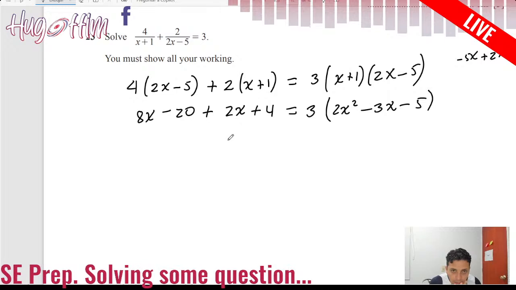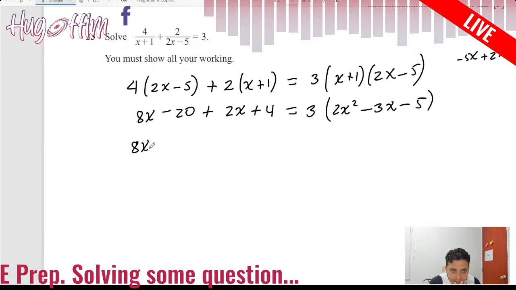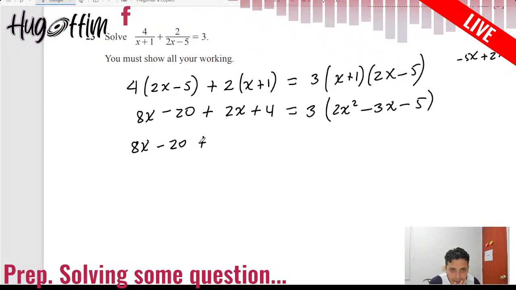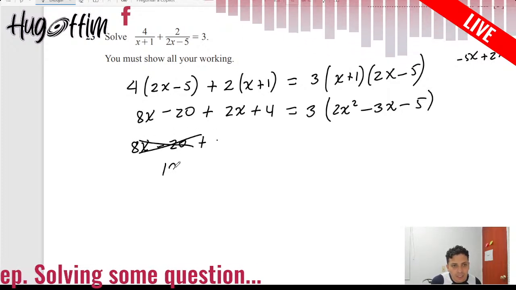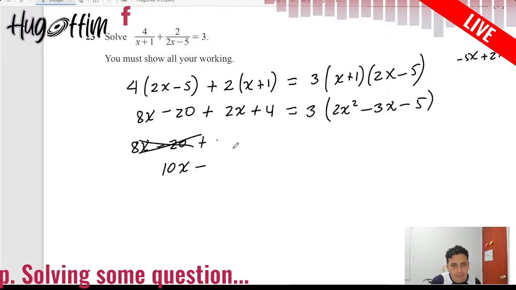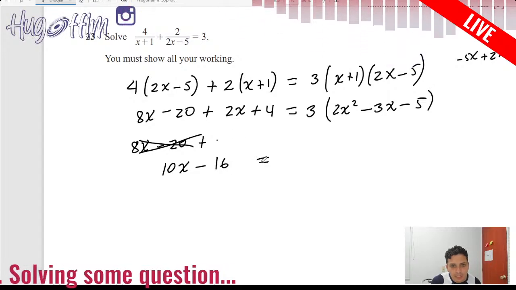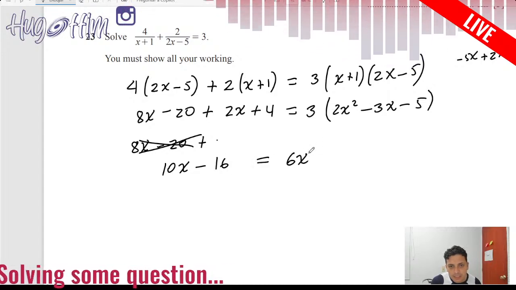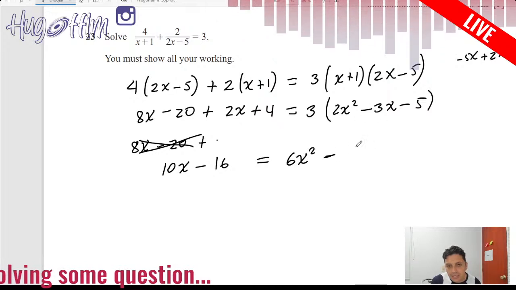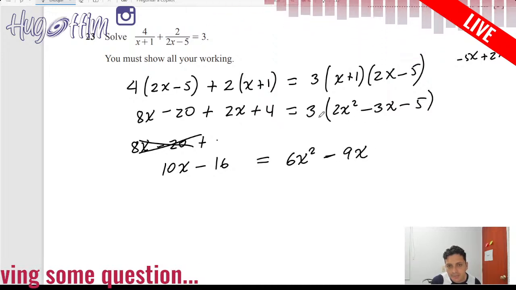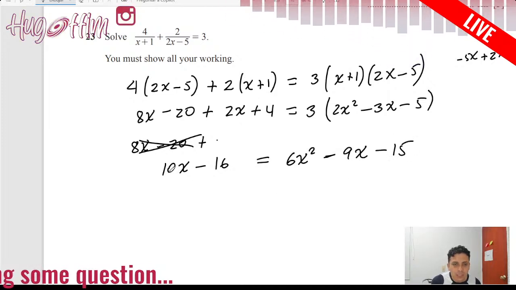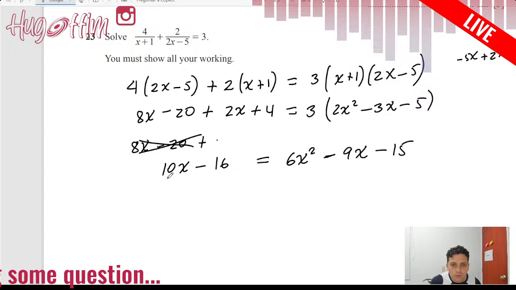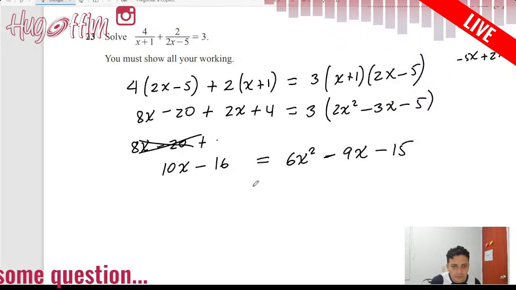Okay, correct. So 8x minus 20 plus, but I can simplify here. 8 and 2, 10x minus 16 equals 6x squared minus 9x minus 15. Now I just need to subtract 10x, right?